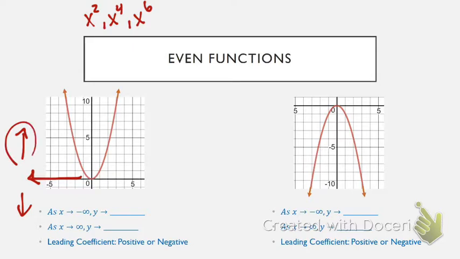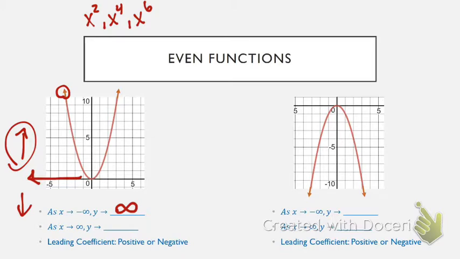And my graph is going up. So y is approaching positive infinity. So as x goes to negative infinity, or as x goes left forever, my y values are going to positive infinity. So as x approaches negative infinity, y approaches positive infinity.